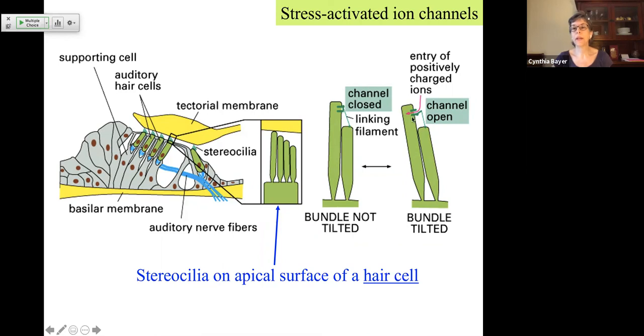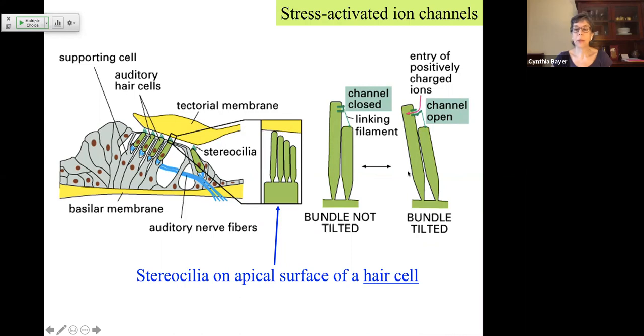So when the ion channel opens, positively charged ions, potassium ions, but also calcium ions, other positively charged ions will enter the hair cell. And when charged ions enter the cell, there will be a change to the voltage or the membrane potential of that hair cell.